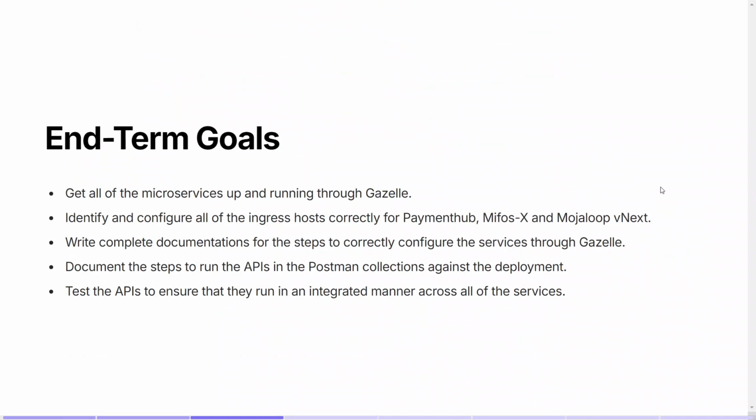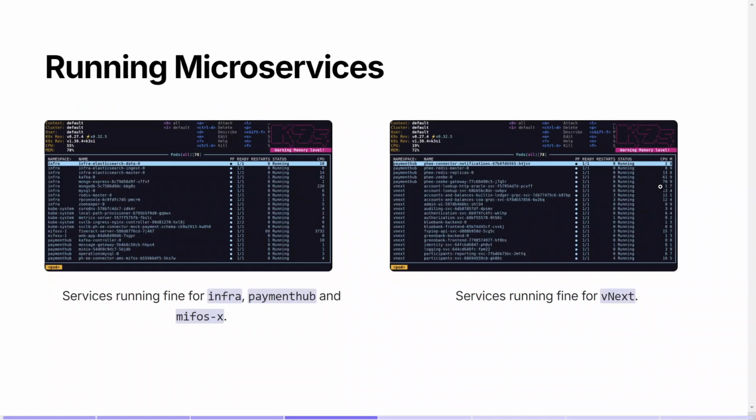I also needed to write complete documentation to help others configure Gazelle and set up all the services correctly, document the steps to run the APIs and the Postman collections, and in the end test that all the APIs run in an integrated manner across all of the services.